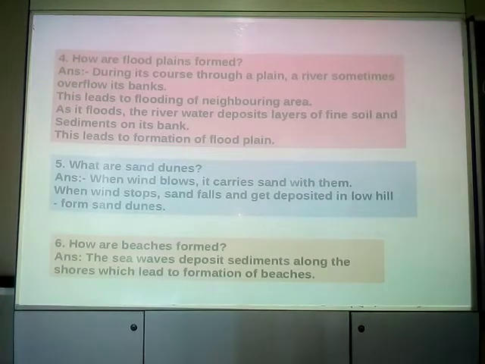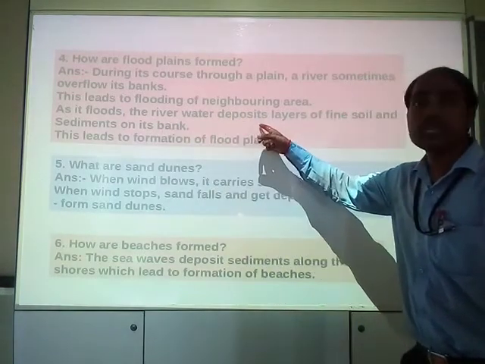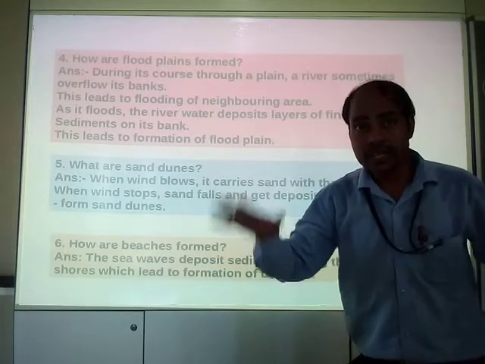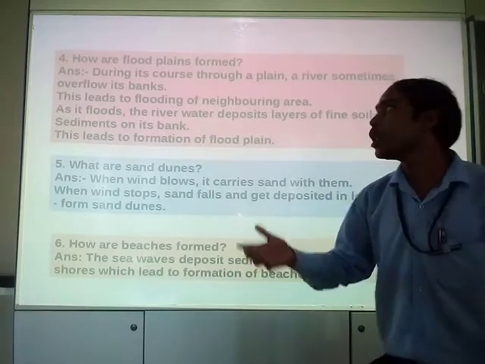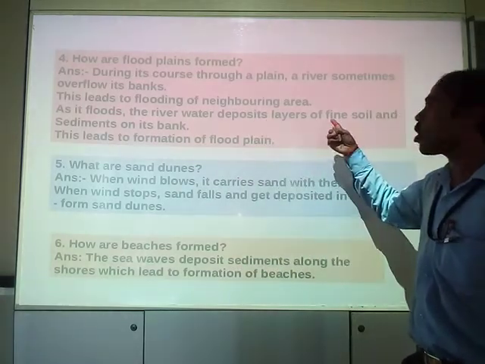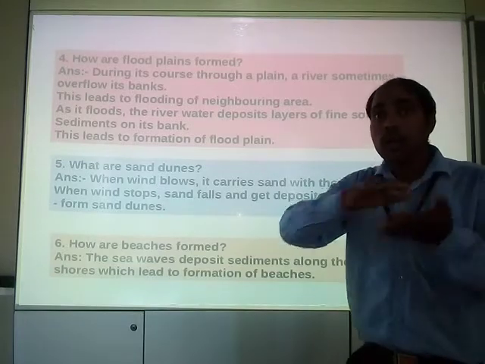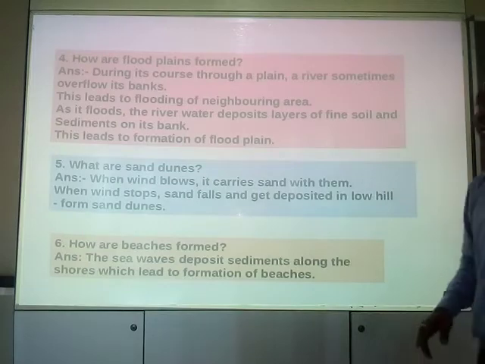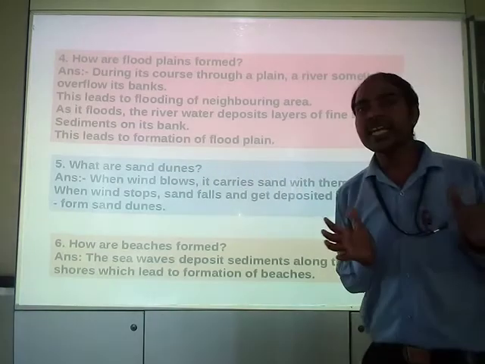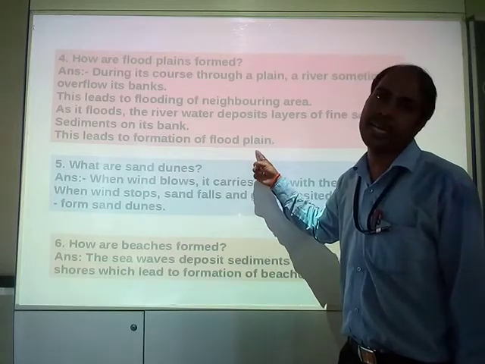Now as it floods, the river water deposits layers of sand, sediment, silt, which is available inside it. So these depositions of sand, silt, sediments along the banks of the river, or at the nearby areas, lead to formation of floodplain.